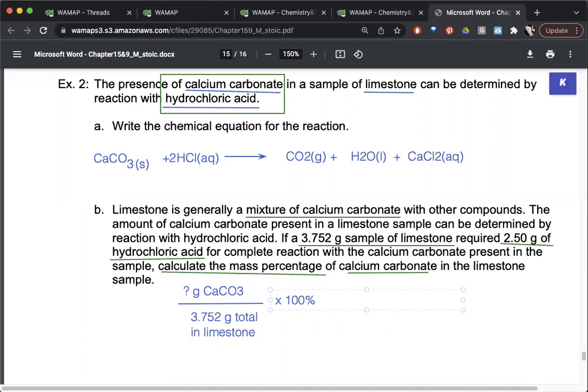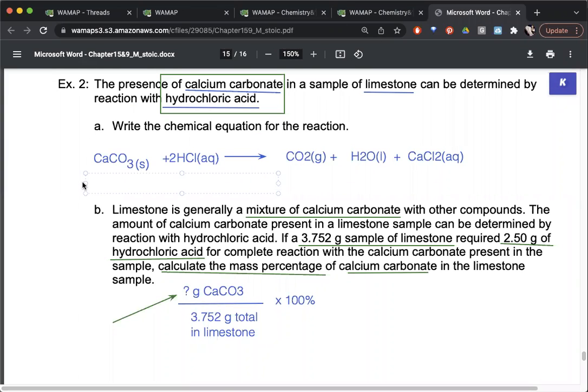So what we need to solve for first is the grams of calcium carbonate from these amounts. So let's lay out what we're looking for over here in our visual game plan.